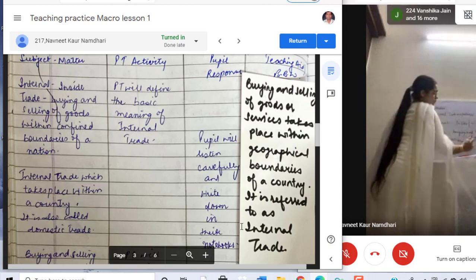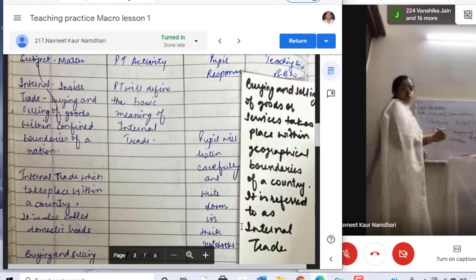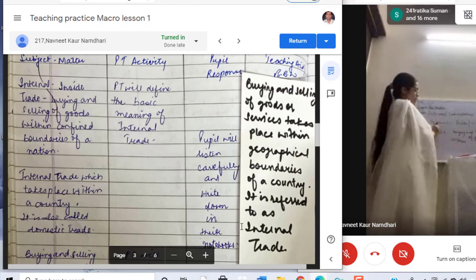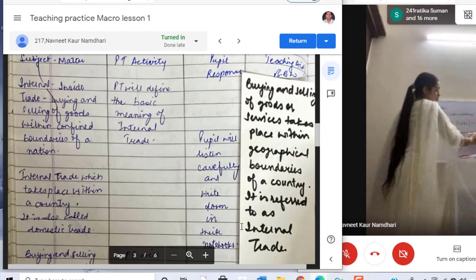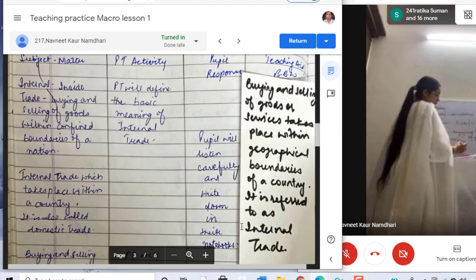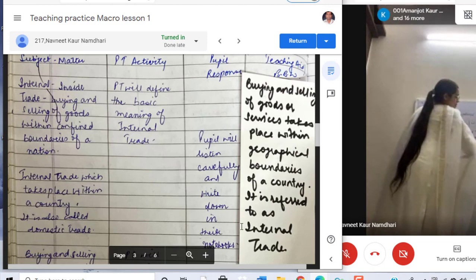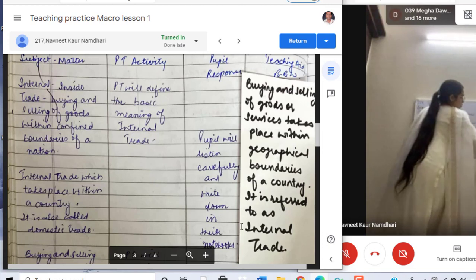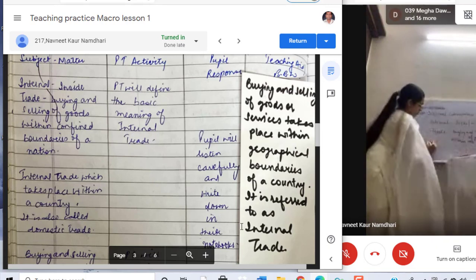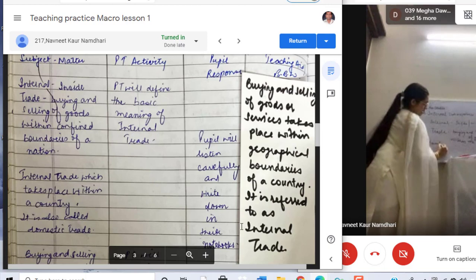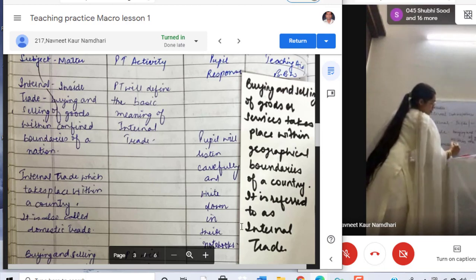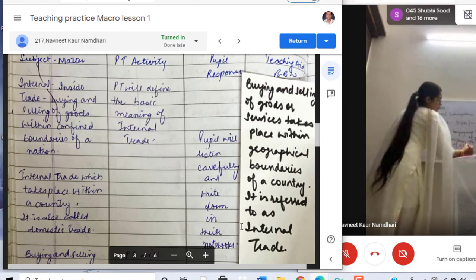Just take out your notebooks and write down the definition of internal trade. Buying and selling of goods takes place within the country, within the geographical boundaries of a nation.